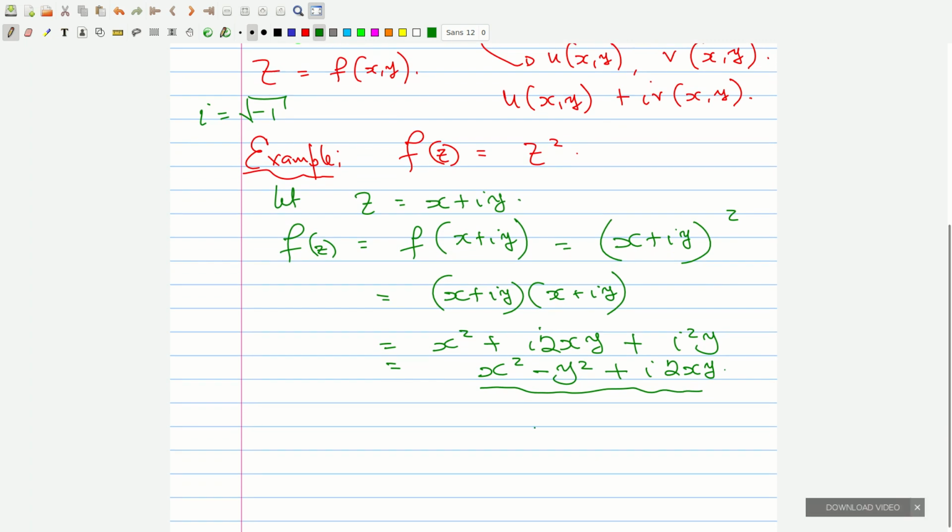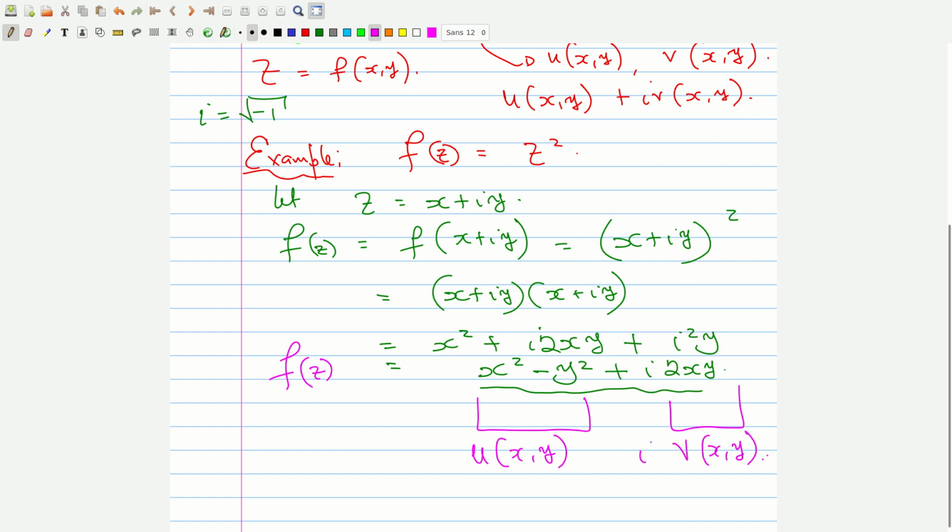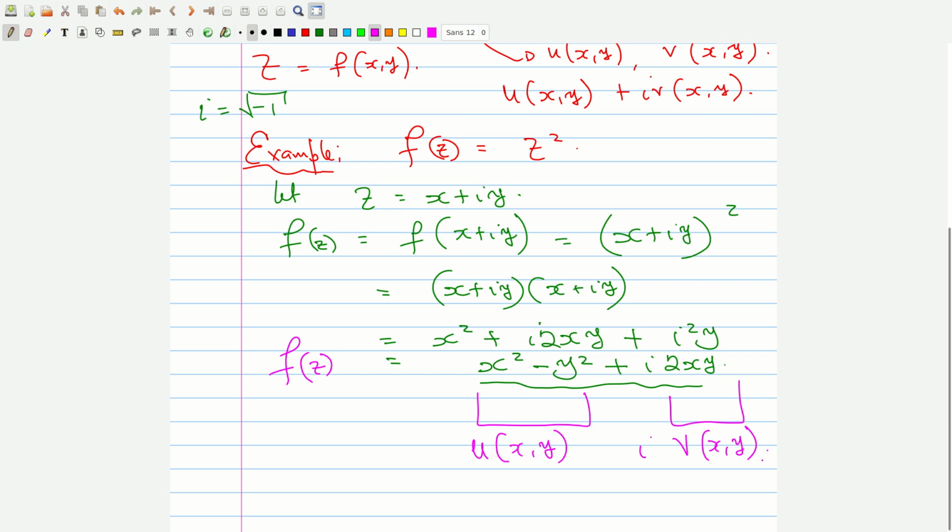Alright, so we can say our f of z here gives us this, where we have the real part and here the imaginary part. Here this is our u of x and y, and this is our v, which is also a function of x and y. So that is just an example of a function of a complex variable.